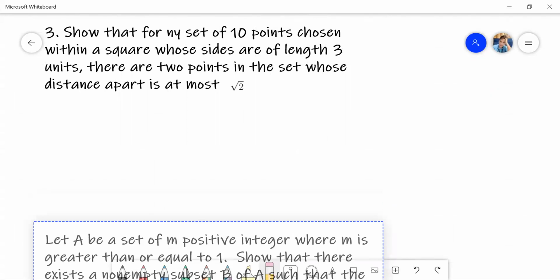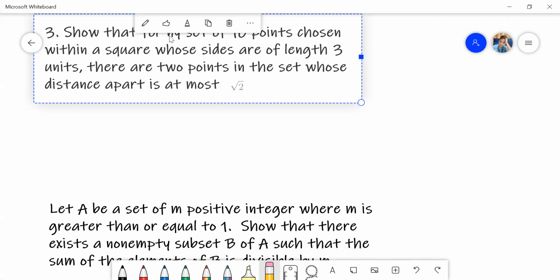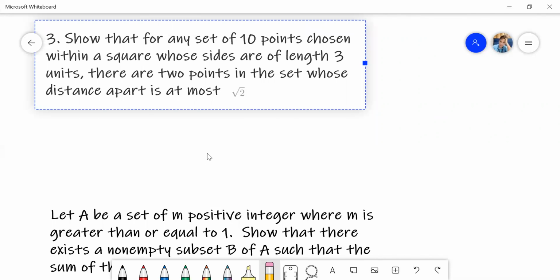Show that for any set of 10 points chosen within a square whose sides are of length 3 units, there are 2 points in the set whose distance apart is at most square root of 2.